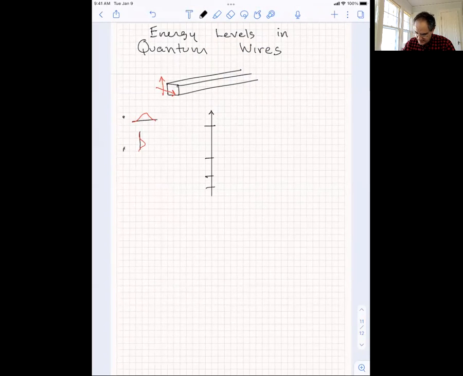But then in addition, the electrons are free to move along the direction of the wire. So they can have kinetic energy in the 3rd direction.